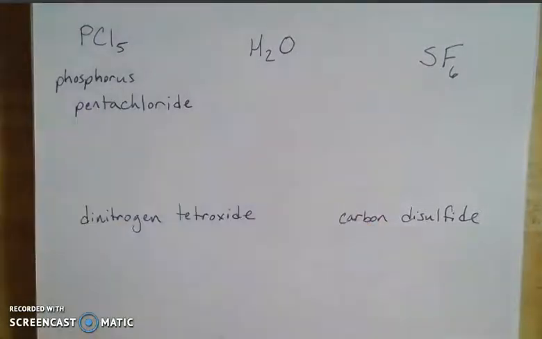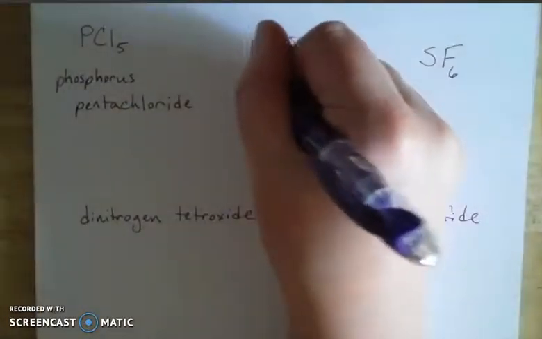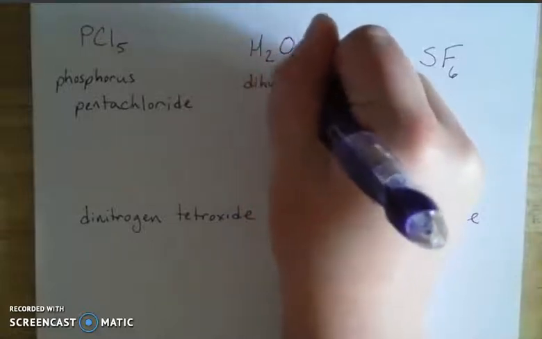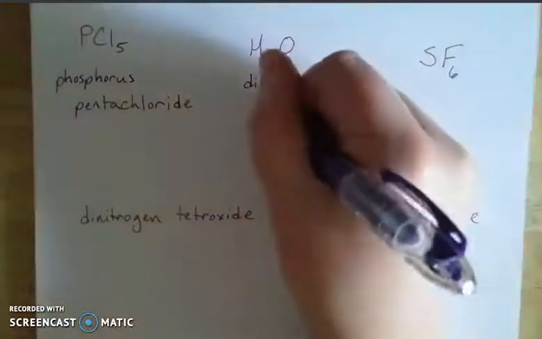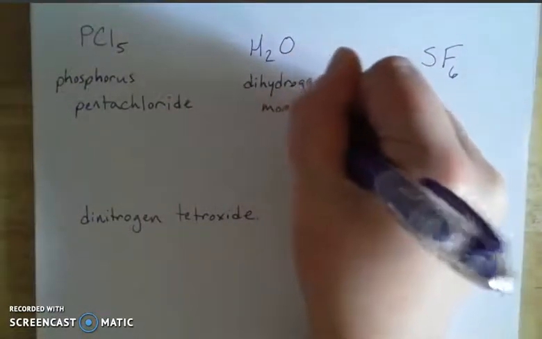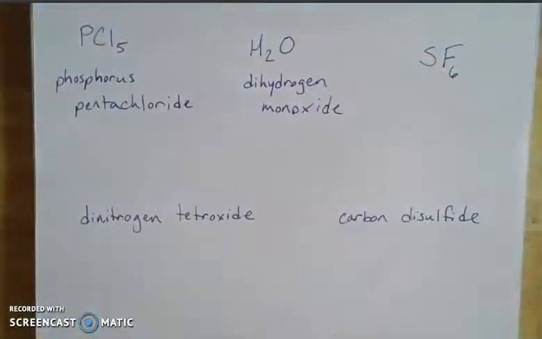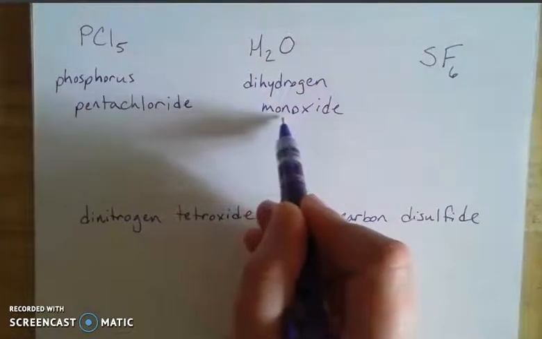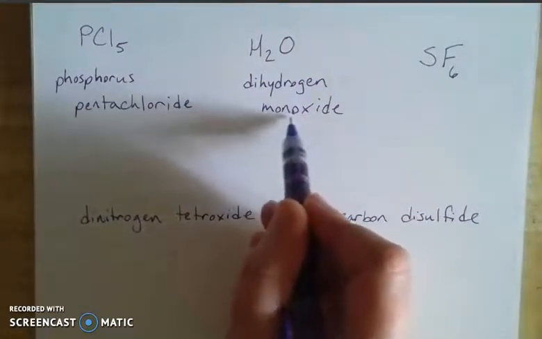Now, if we look at the next one, this is a familiar chemical formula, but if we name it with IUPAC rules, then we would say, well, there's 2 of those hydrogens, dihydrogen, and there's 1 oxygen, and it's our second element, so monoxide, dihydrogen monoxide. You'll note that I dropped the vowel in mono, so I just traded that one out for ox.